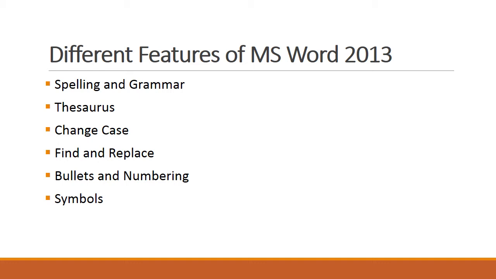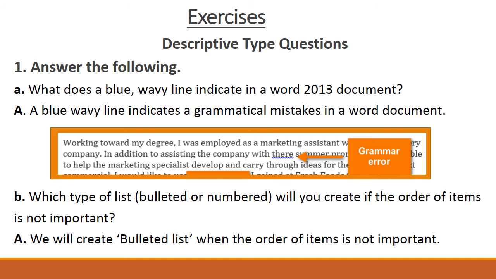The next one is symbols. There are different symbols available in MS Word software. Symbols like percentage symbols, mathematical symbols, and many more. So here we are done with the description of these features. So move on to the exercise.